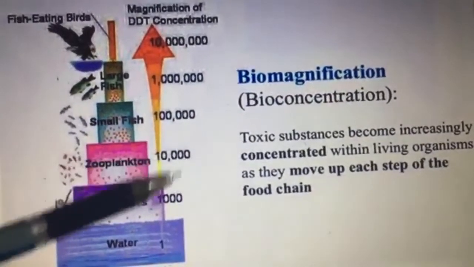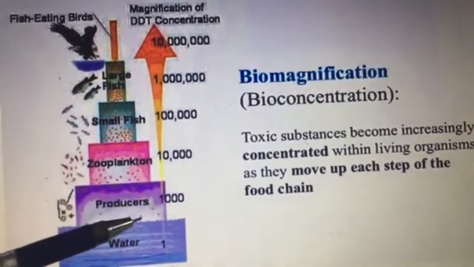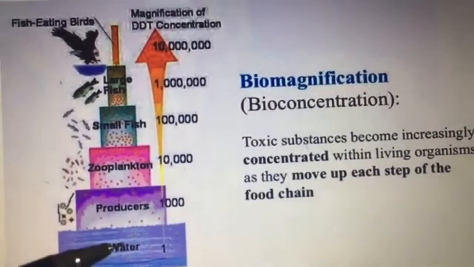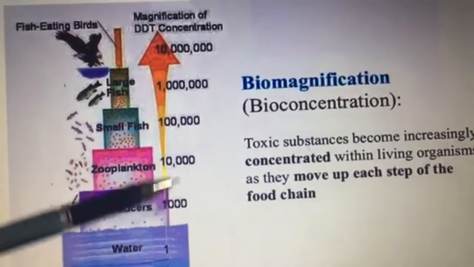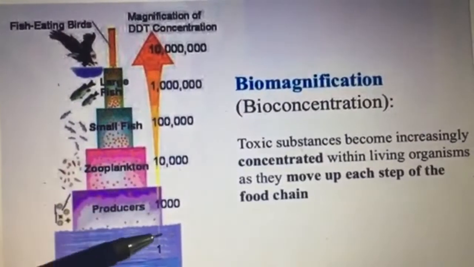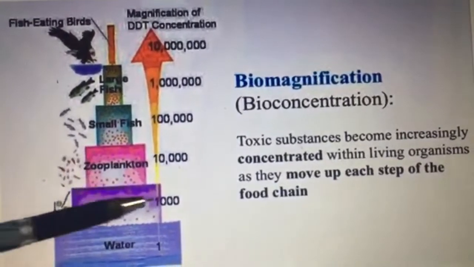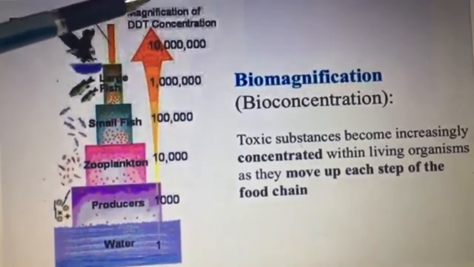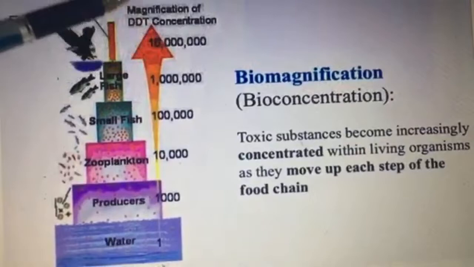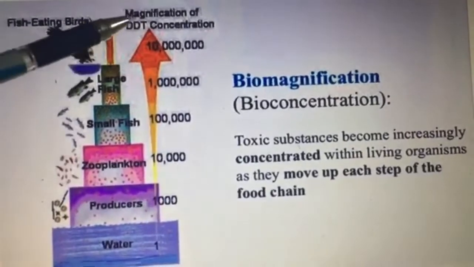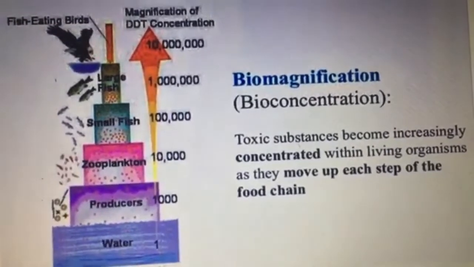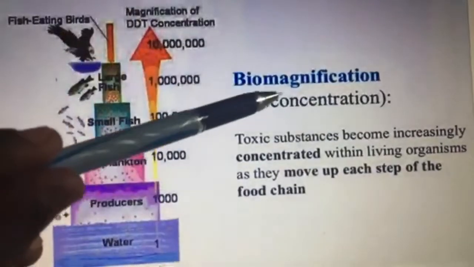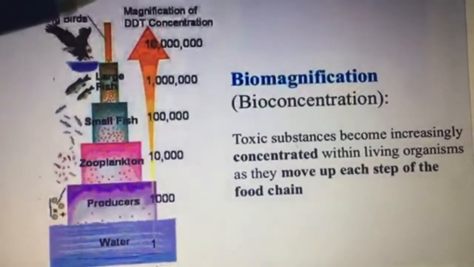In the 10% law, at every trophic level only 10% of energy is transferred, while the toxic content keeps increasing, and the top organism has much toxic content in its body. This is called biomagnification or bioconcentration.